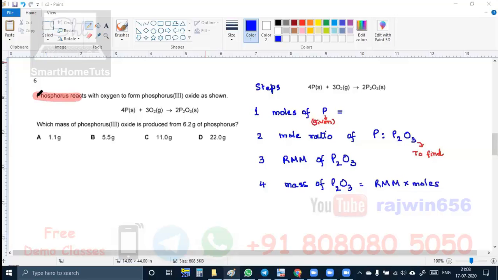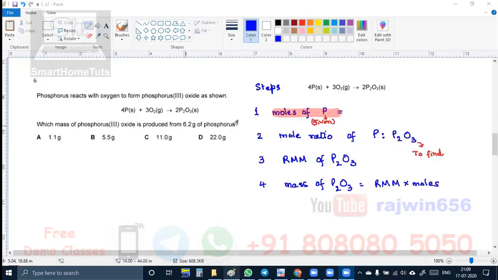Now phosphorus reacts with oxygen to form phosphorus 3 oxide as shown. This is 4P plus 3O2 giving you 2P2O3. This is the reaction that is given to us. Now which mass of phosphorus 3 oxide is produced from 6.2 grams of phosphorus? Can I answer? Moles of phosphorus, how will I get this? 6.2 upon 31.